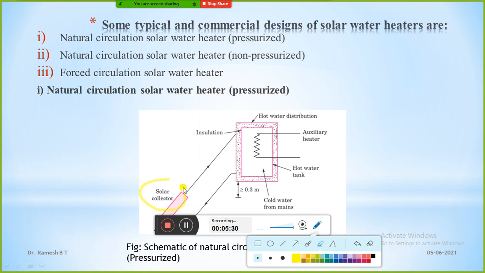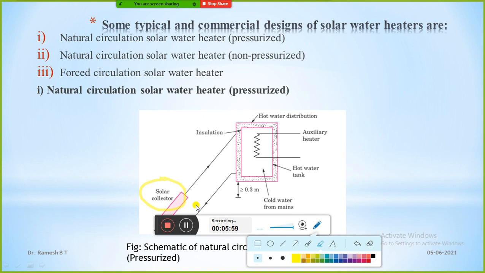This collector will collect the solar radiation, and it has some inclination. It is not exactly horizontal or vertical, and this inclination is for the effective collection of solar radiation. The collector has a transparent cover, and below that there is an absorber made with some metals.